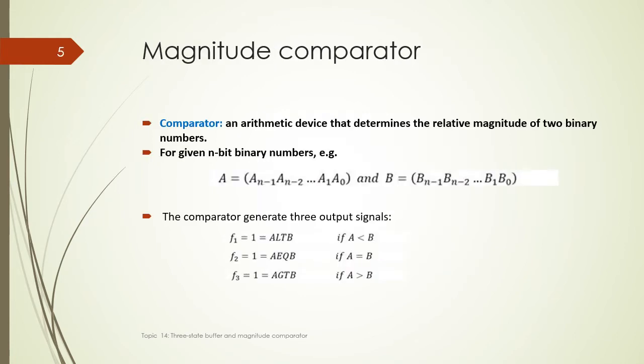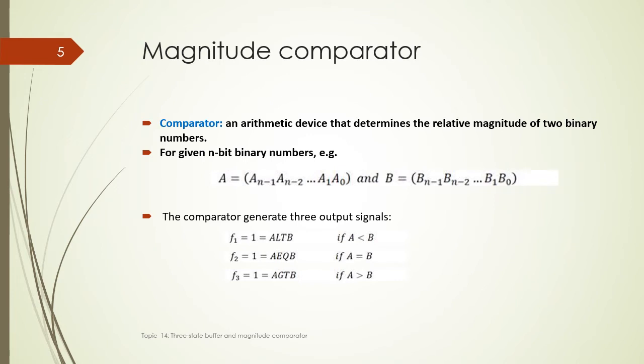Okay, the last modular circuit we want to talk about is a magnitude comparator. A comparator is an arithmetic device that determines the relative magnitude of two binary numbers. So basically, we just compare two numbers, and tell which one is bigger or they are equal.